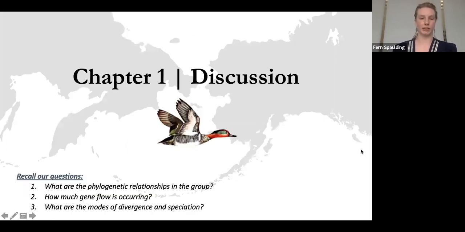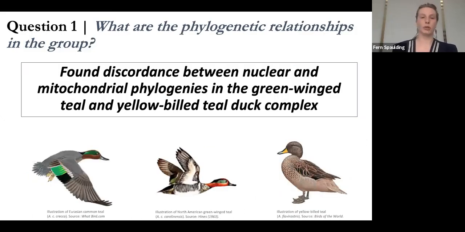So, chapter 1 discussion. Recall, we're interested in the phylogenetic relationships, how much gene flow is occurring, and the modes of divergence and speciation. So our first question: what are the phylogenetic relationships in this group? We found discordance between nuclear and mitochondrial phylogenies in the green-winged teal and yellow-billed teal complex.